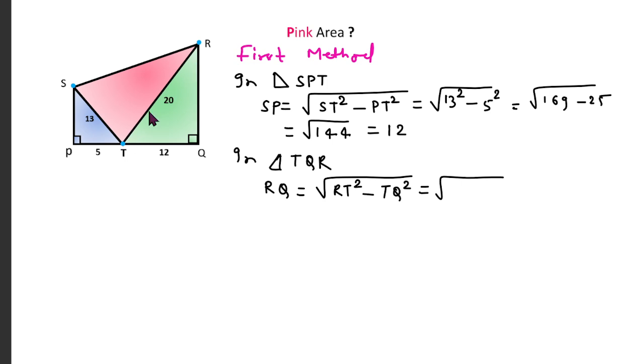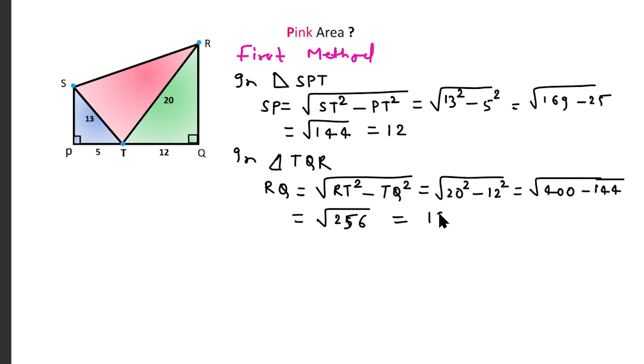RT is given 20, so 20 square. TQ is given 12, so 12 square. 20 square is 400, 12 square is 144. 400 minus 144 is 256, so square root of 256 is 16.